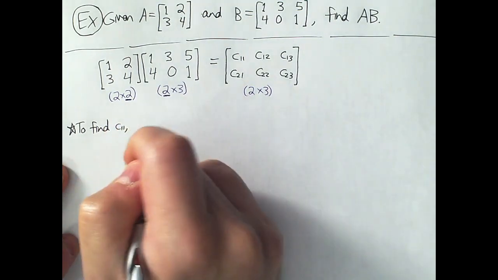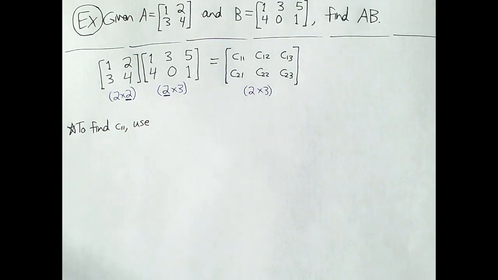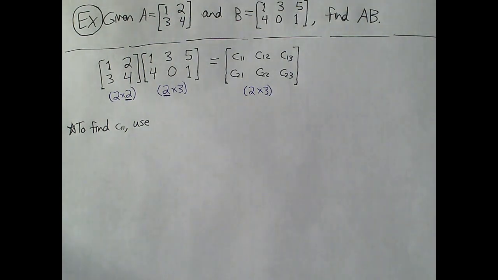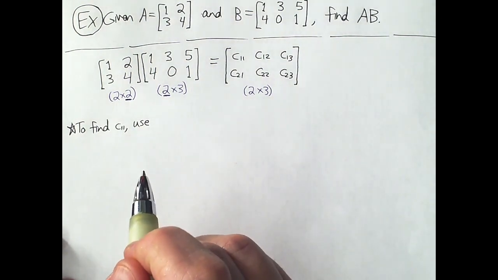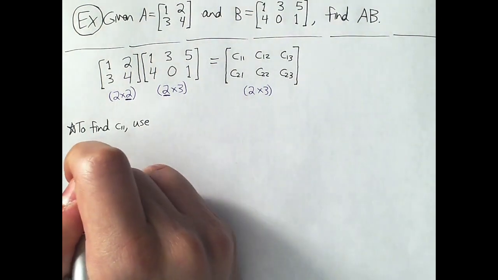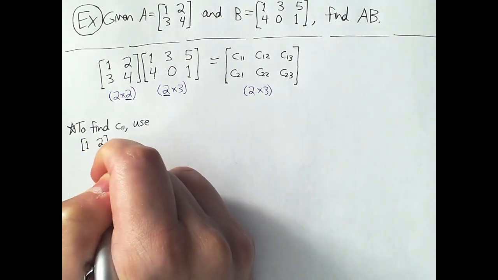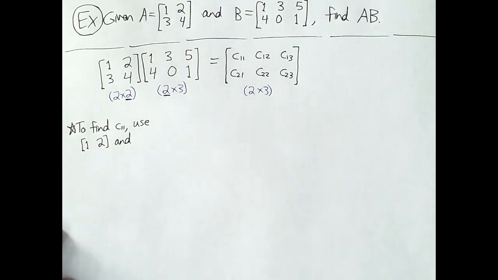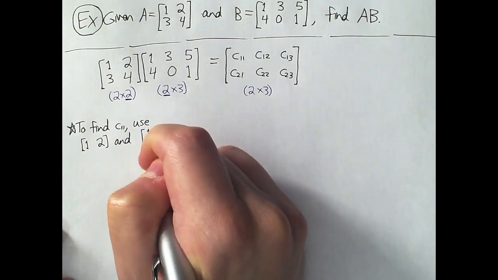The last thing I said on the previous page was that the entry of C in row i, column j is computed using the ith row of A and the jth column of B. So I want to use the first row of A, here's the first row of A, and the first column of B. Right?